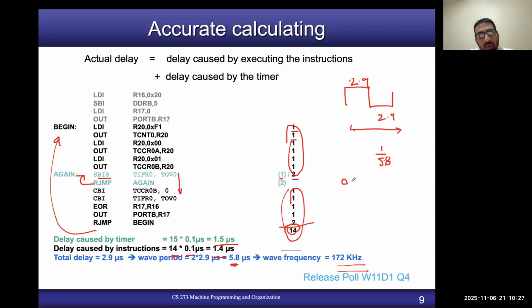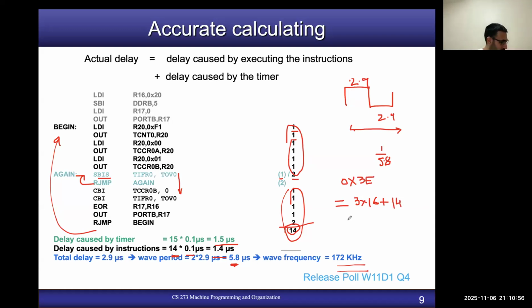So first you can convert the hexadecimal value into decimal form if you want, right? If you convert into decimal form, it will be equal to 3 times 16 plus 14, right?